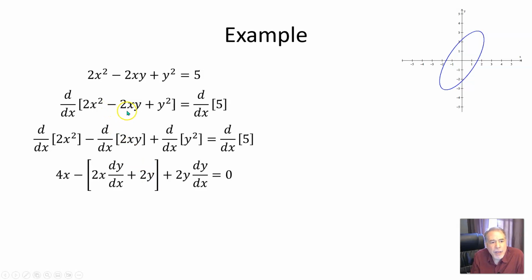And because we had a minus in front of 2xy, there's a minus in front of that whole thing that's its derivative. So don't make the common mistake of forgetting that the minus applies to that whole thing that you get from the product rule. Then over here, the derivative of y squared, again, the derivative of something to a power, is the power times the something to the power minus 1 times the derivative of the something.